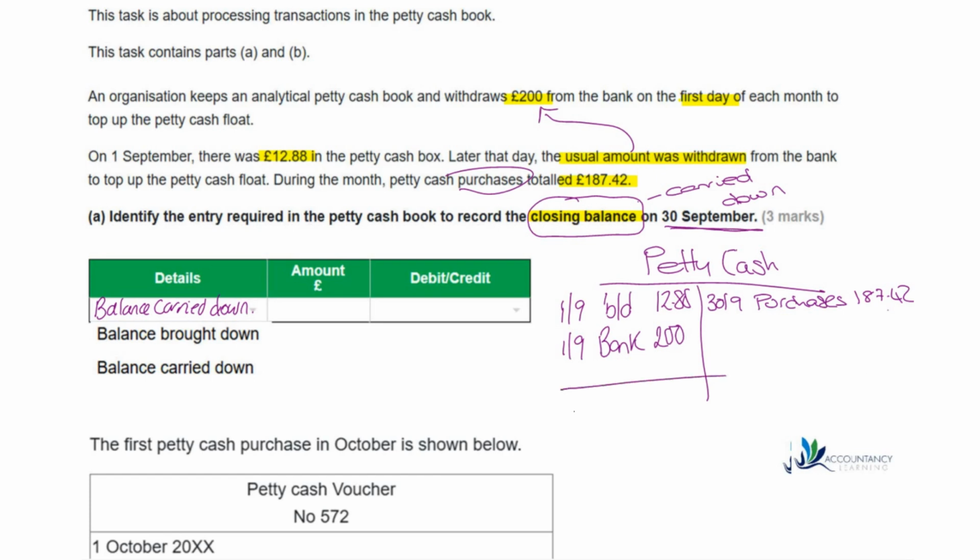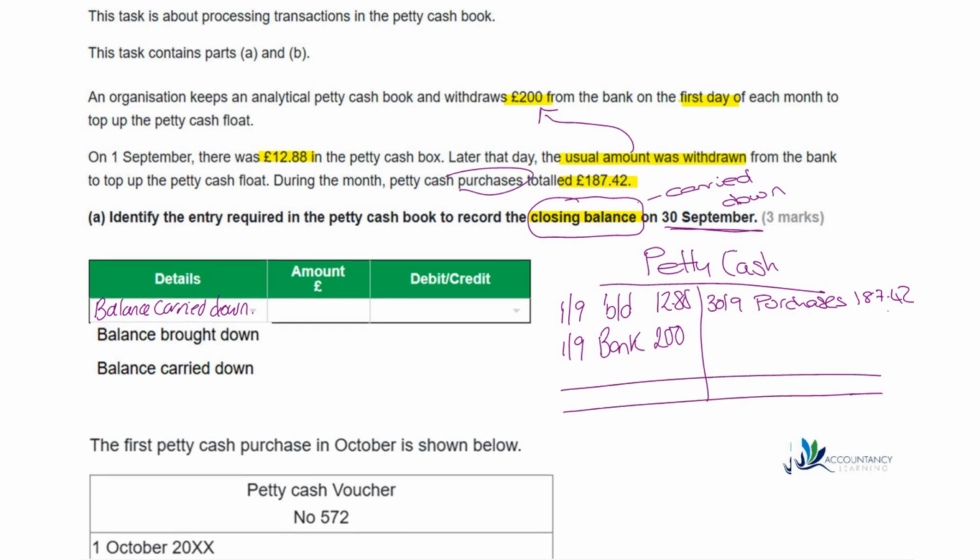So let's balance off the account like we would do normally. We take the highest amount from our debits and credits and put that in the total. So our highest was our debits at £212.88. And now we find the closing balance, or the balance carried down, on the 30th of September, which is then our balancing figure.